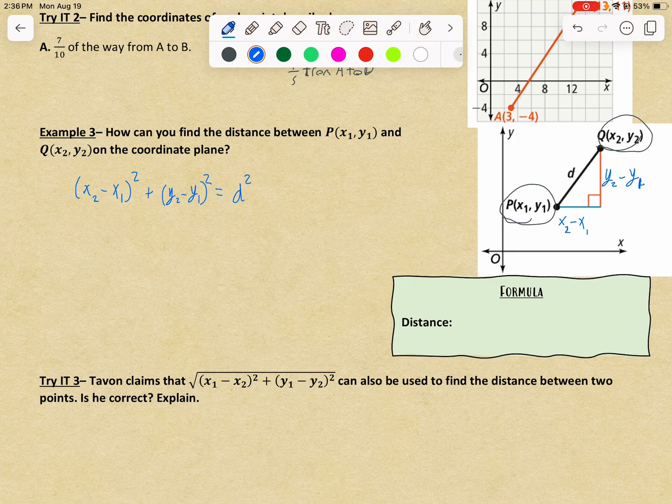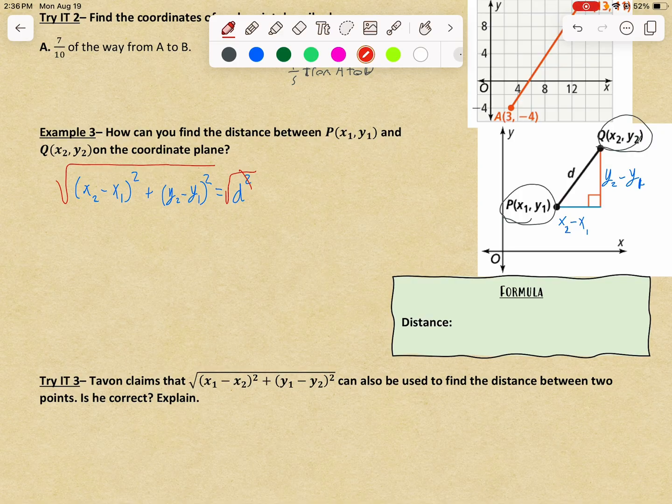All right, so a squared plus b squared equals d squared, but we don't want d squared. We just want the distance, not the distance squared. So there's one step we can do to undo a square. If I want to undo a square, I'm going to use a square root. So I have to apply that to both sides to undo that square.